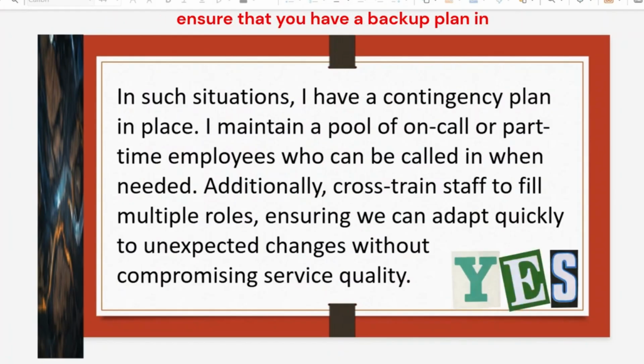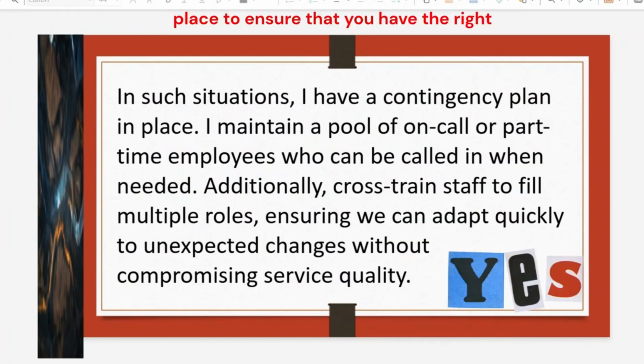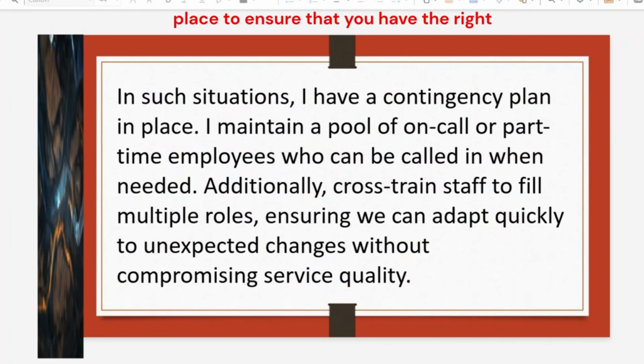You need to ensure that you have a backup plan in place, so that you have the right number of resources available in any situation that needs maximum people. You can have the part timers called in, and at the same time cross train the agents so one agent can handle multiple types of calls.